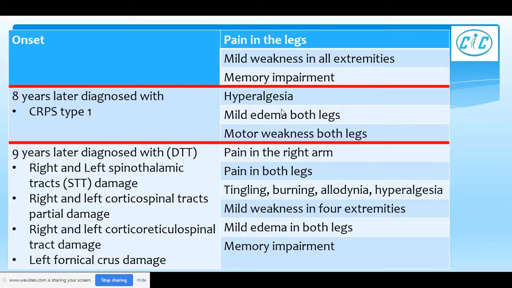Now you're dealing with a greater extent of regions of the body, and if it were peripheral, it would be more localized, a region rather than regions. Now the patient is suffering in both legs, and also experienced motor weakness in both legs. After 8 years, if it is peripheral damage, the recovery would usually be faster.